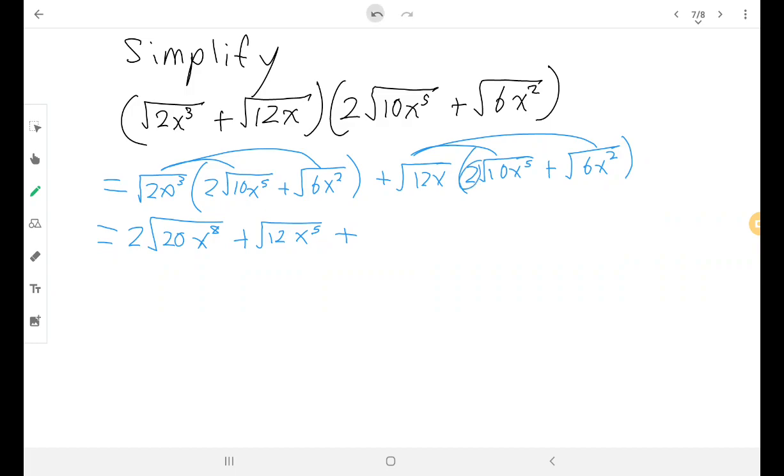Plus, we have this 2 out here that'll just stay out there for now, times the square root of, and let's multiply everything together. 12 times 10 is 120. We'll break that down and worry about that later.